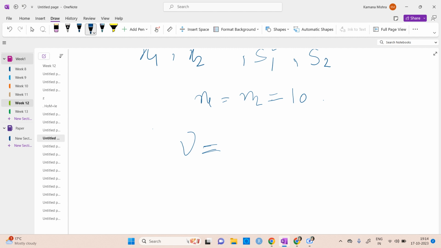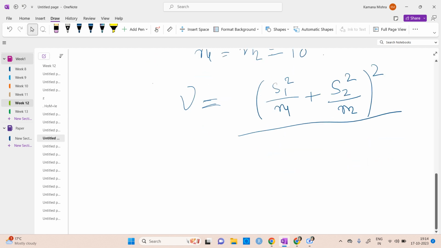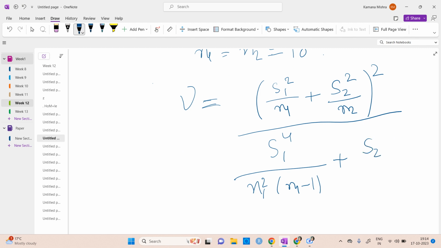The formula for this is (s1 square by n1 plus s2 square by n2) whole square divided by s1 to the power 4 over n1 square times (n1 minus 1) plus s2 to the power 4 divided by n2 square times (n2 minus 1), right?